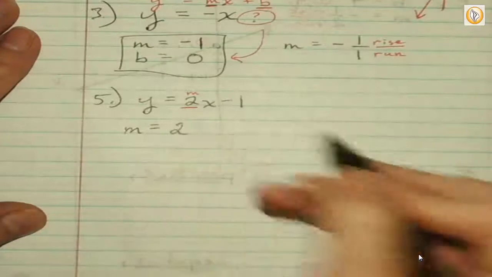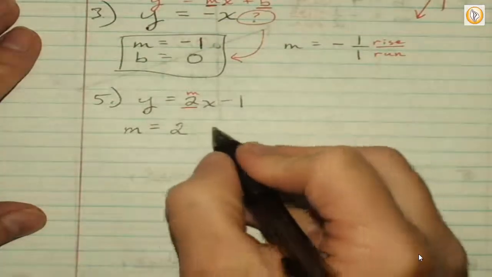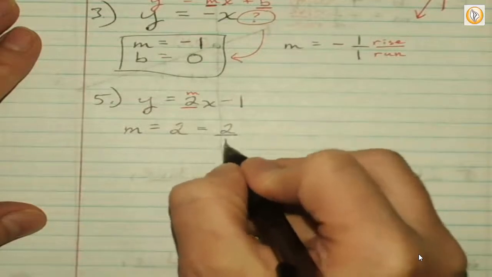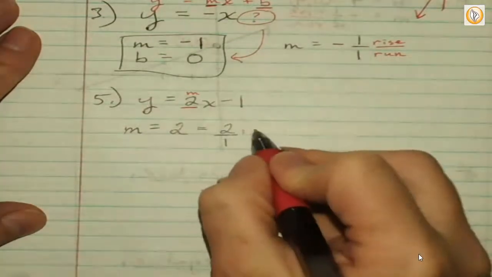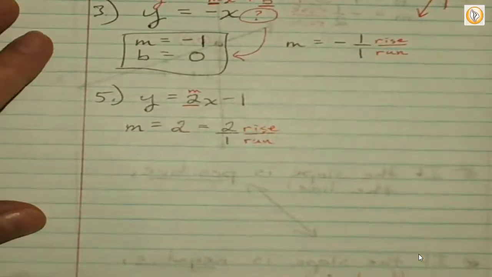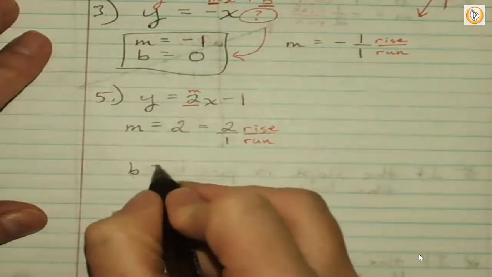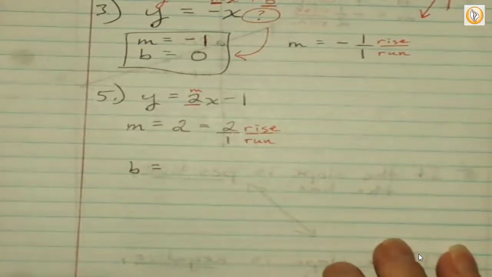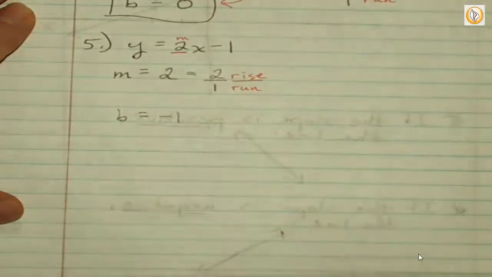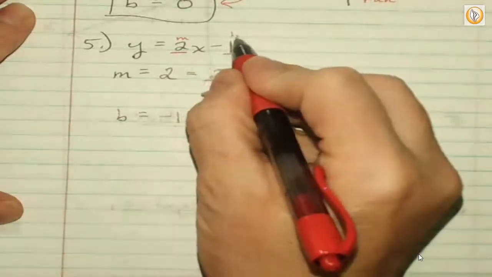So I can write it as what as a fraction, Matthew? 2 over 1. Perfect. Because now I have rise over run. Okay, so Matthew, what is my y-intercept? -1. There you go. You are correct. So you are starting to pick this out.